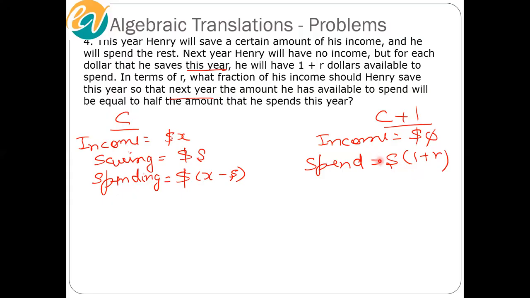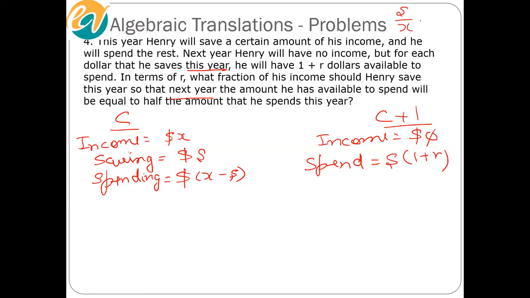Now it's also important for us to figure out what exactly the question is expecting. In terms of R, what fraction of his income should Henry save this year? Notice he's saving S dollars this year, out of how much? X dollars. So what fraction of his total income is he saving?